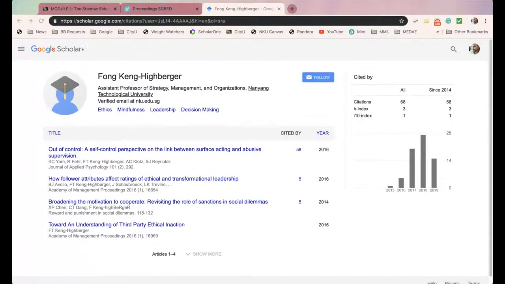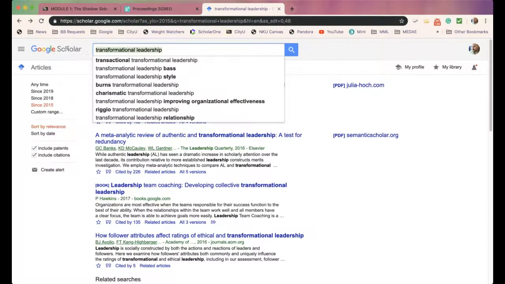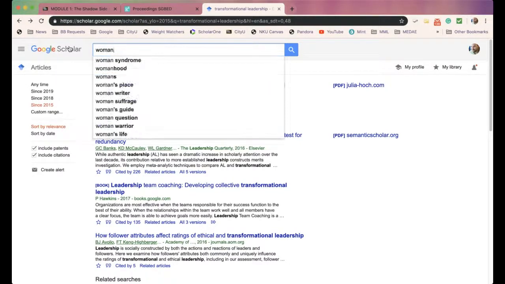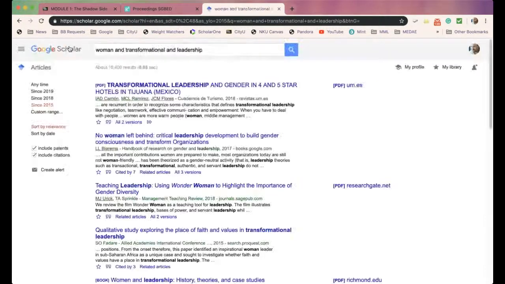Okay, so we'll go back to where we were, and let's look up something: women and transformational and leadership. Sometimes it helps to separate them out. Definitely on library searches it does, but okay.